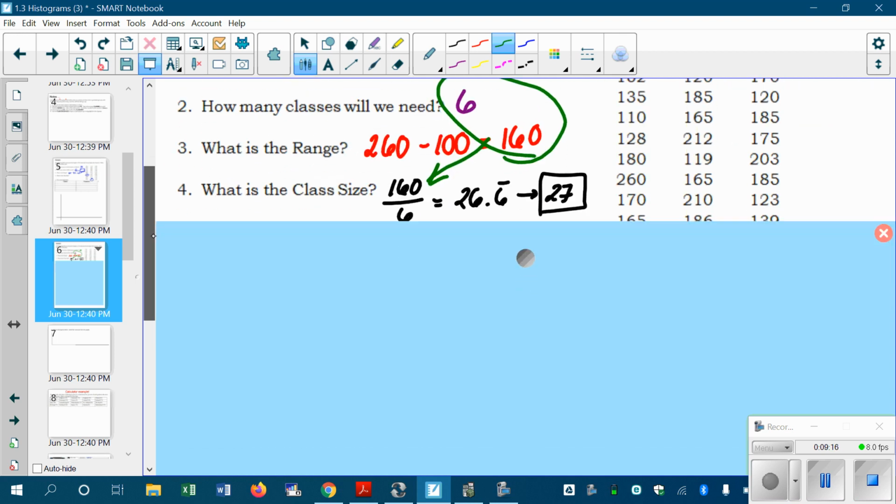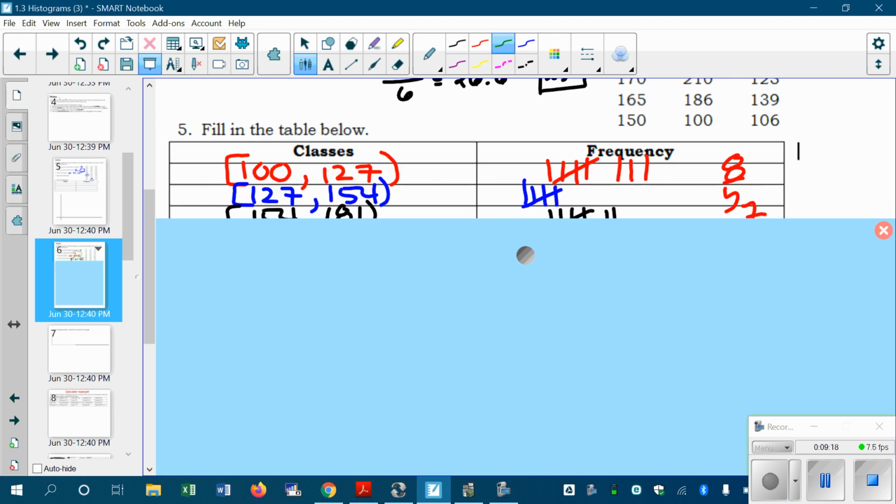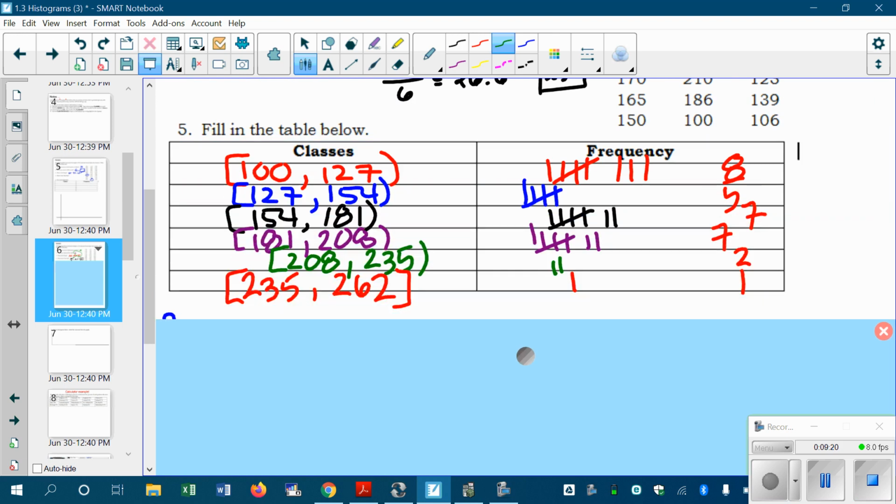So you're going to start with your lowest value, which is 100, and then add 27. So that's 127. Then you're going to take the 127 that's here. Whoops, that is not a good number color to highlight with, sorry. So take the 127 and repeat it here. And then add 27, that's 154.